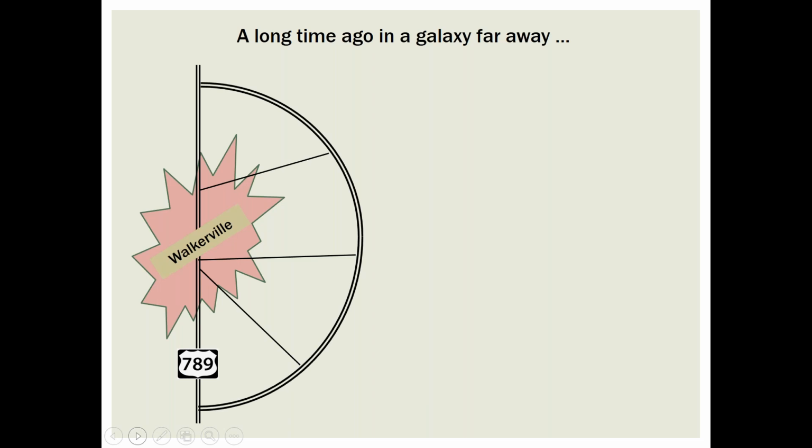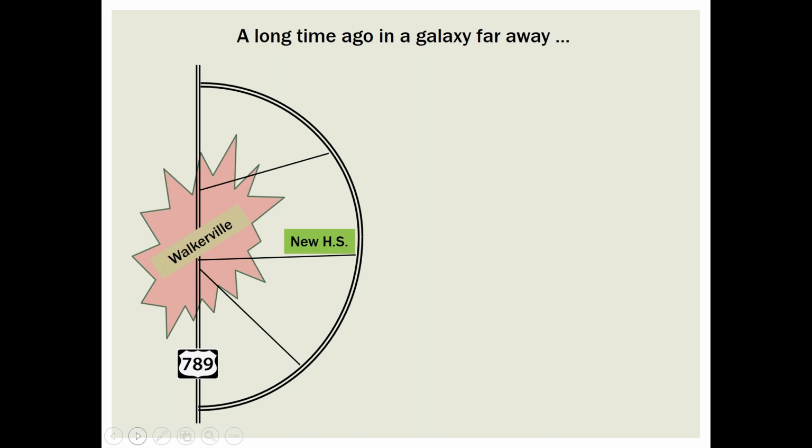So a bypass route is put in around the town, not full access control, but partial access control, but it does have at-grade intersections at some of the existing roadways on the bypass, and the bypass is a four-lane divided highway.